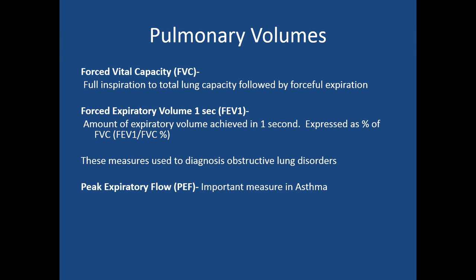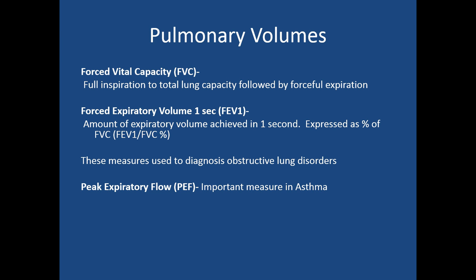And when you compare the two, you can tell whether someone's trapping air in their lung if it takes too long for the air to come out. If it comes out more quickly than normal, we can see that there's another issue. So it really helps us with diagnosis. It's especially helpful and most often used with obstructive lung disorders such as COPD and asthma. And we'll talk more about this as we get into the specific lung disorders.